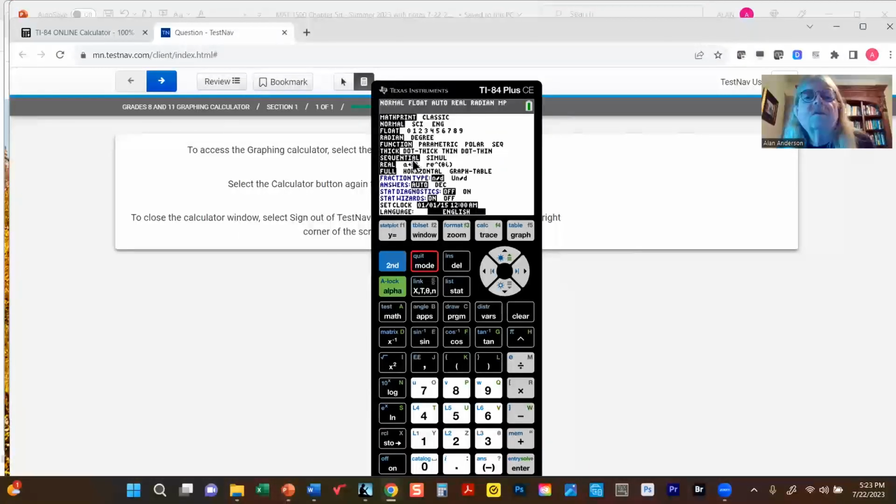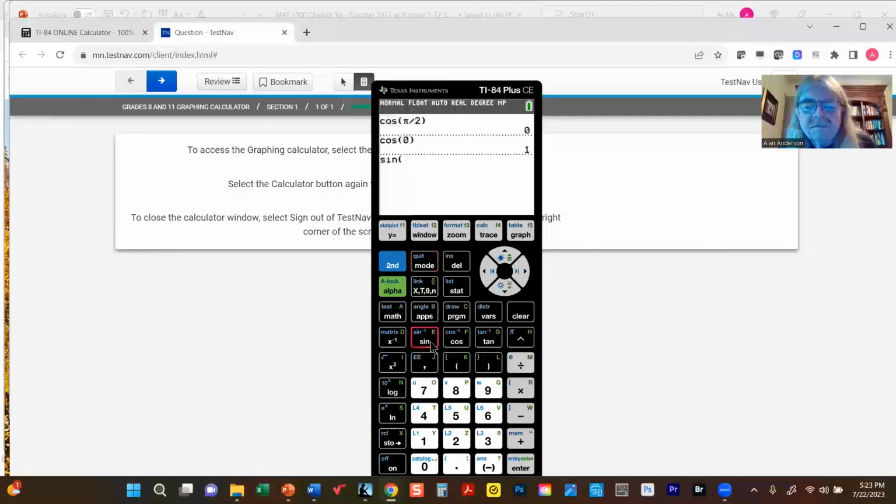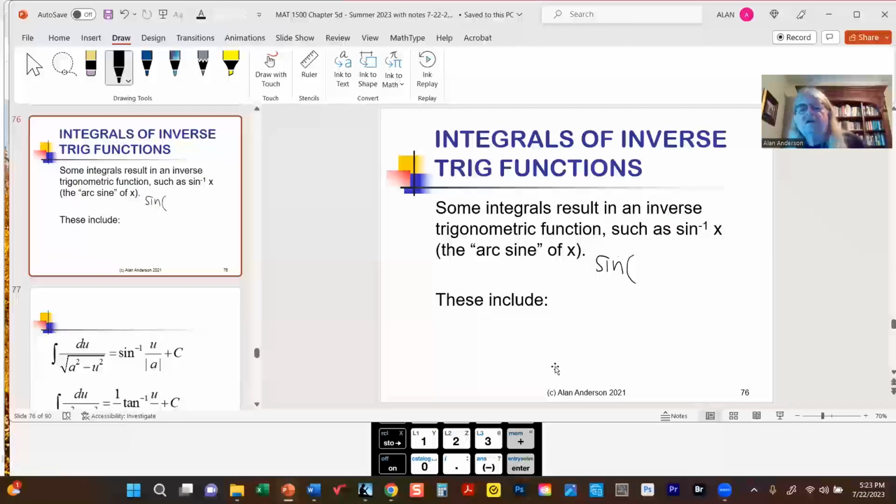I'm going to go back to the mode and switch to degrees. And then I'm going to ask it for the sine of 90. It's 1. Okay, so if the sine of 90 is 1, that implies that the arc sine of 1 is 90.